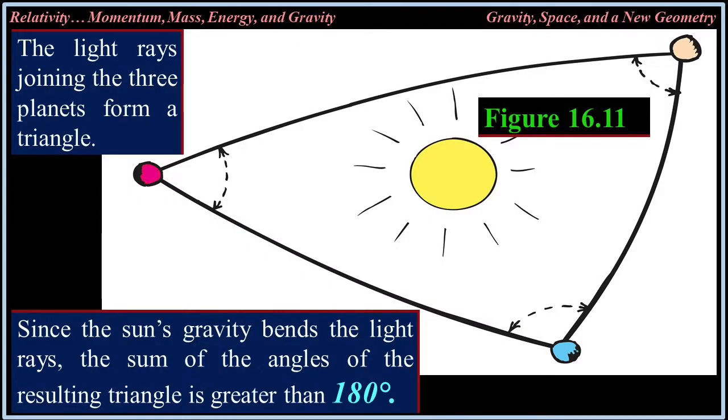Suppose three experiments on planets, Earth, Venus, and Mars, measure the angles of a triangle formed by light beams traveling between them. The light beams bend when passing the sun, resulting in the sum of the three angles being larger than 180 degrees, as illustrated in figure 16.11.